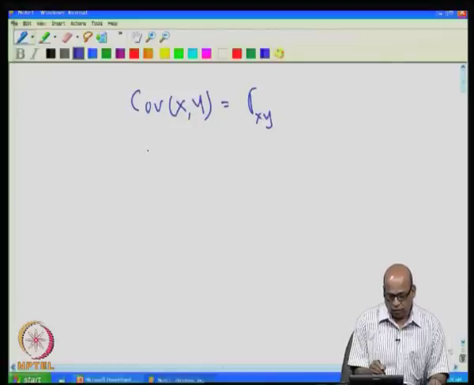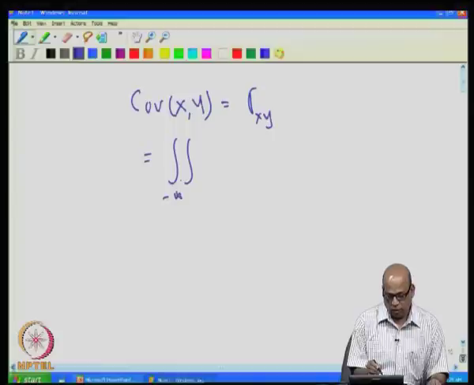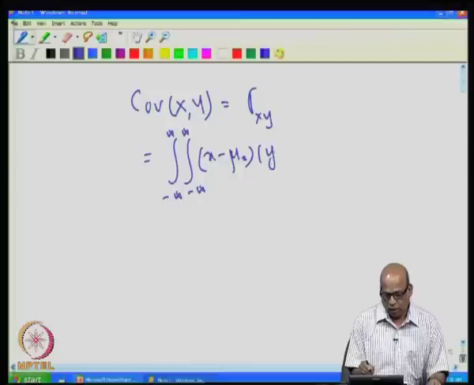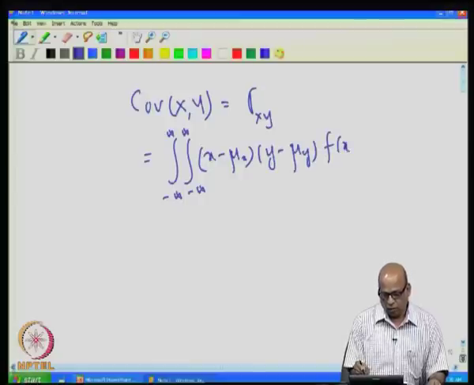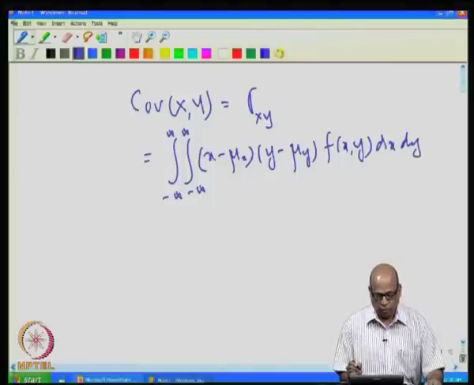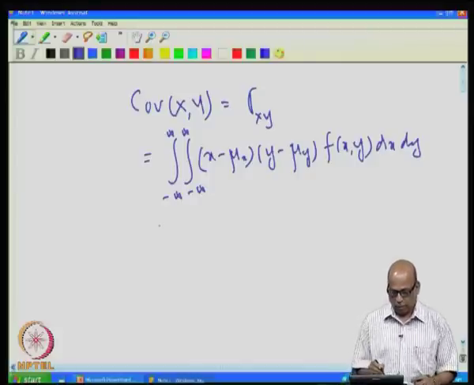How did we define this? Sigma x y we defined as the integral from minus infinity to plus infinity of x minus mu x, y minus mu y, f of x comma y dx dy. Okay, this is how we defined our covariance.